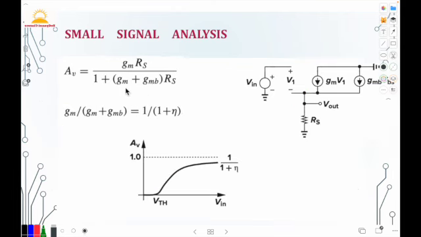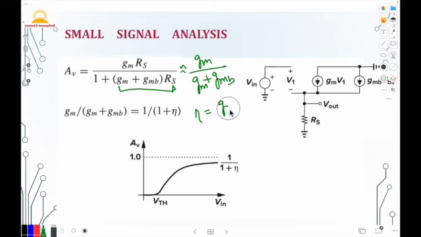Rewriting this voltage gain, here (gm plus gmb) times Rs is obviously very much greater than 1. So we can ignore this 1, and in that case the gain is gm upon gm plus gmb, which is 1 upon 1 plus eta, and this eta is gmb upon gm.